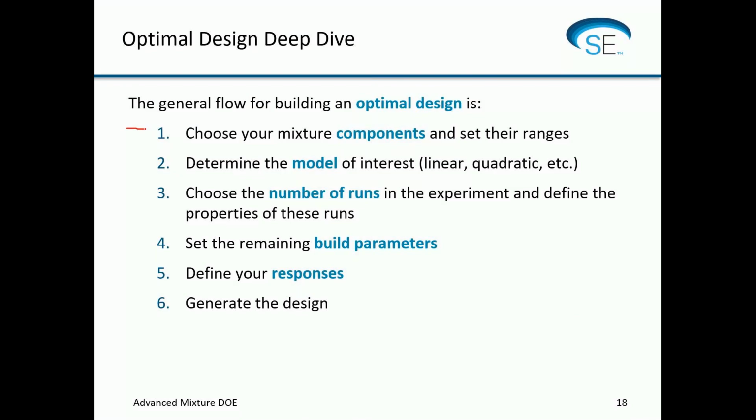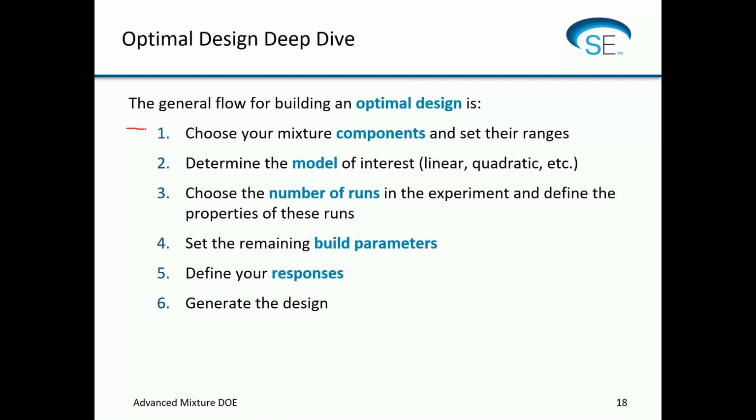You have to know what you're going to be blending together and how much of each ingredient or component I am willing to put in. I would say that 90% of the issues when somebody comes to me and says my mixture DOE didn't work, I didn't get any useful results, I'd say 90% of the time, if not more, the issue is that the mixture space was chosen incorrectly.